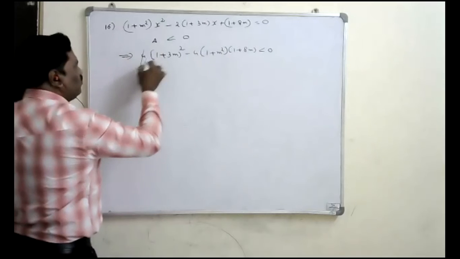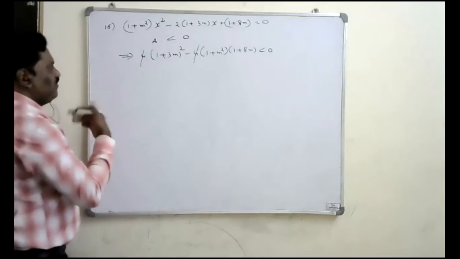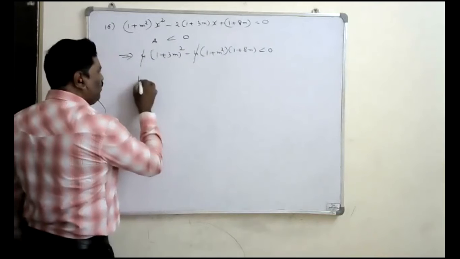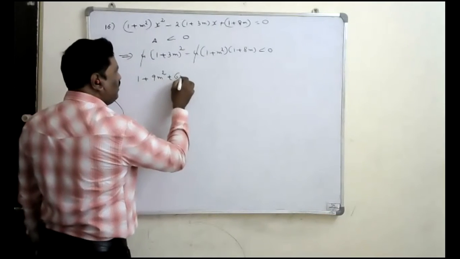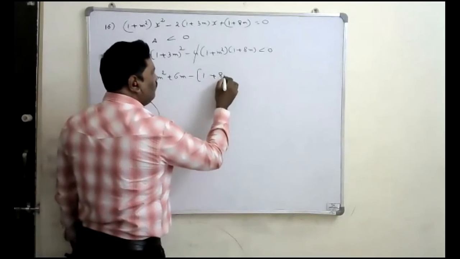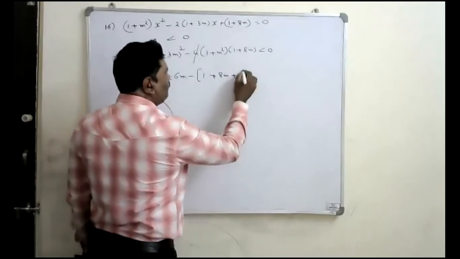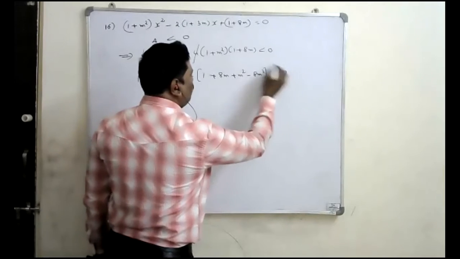On both sides I can divide by 4, so that 4 gets cancelled. Now if I expand this, it is 1 plus 9m squared plus 6m, minus, if you multiply these two, you will get 1 plus 8m plus m squared plus 8m cubed, is less than 0.